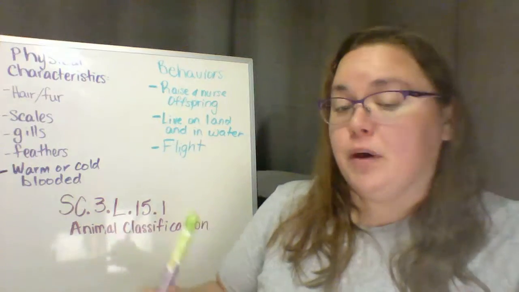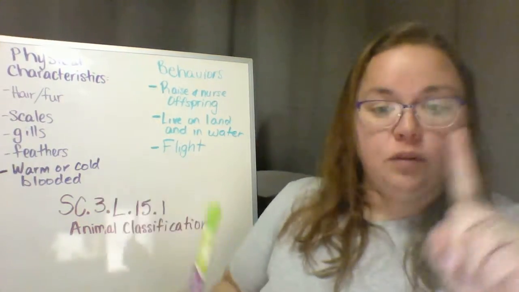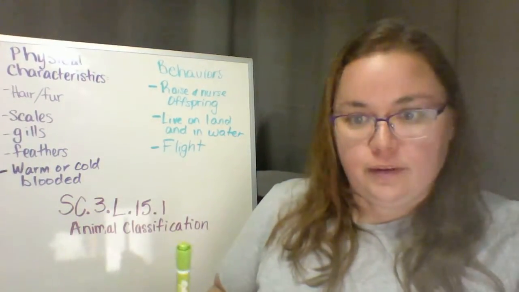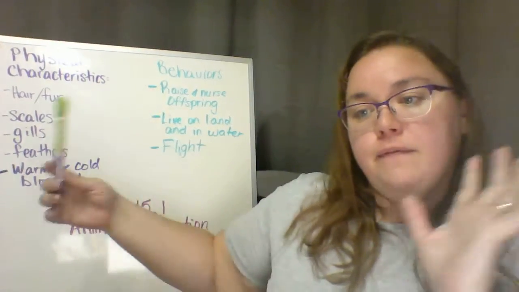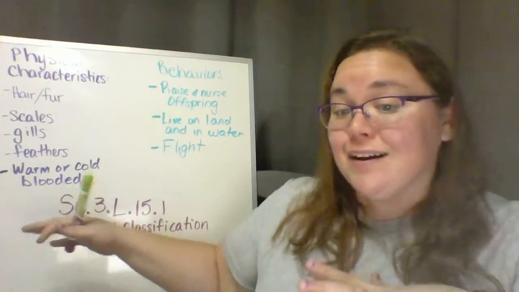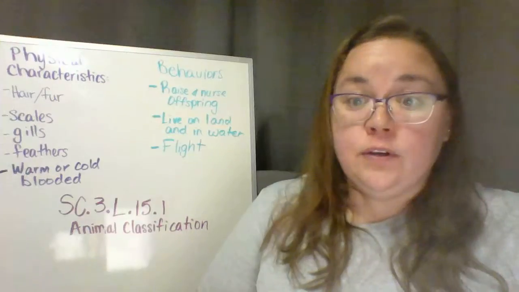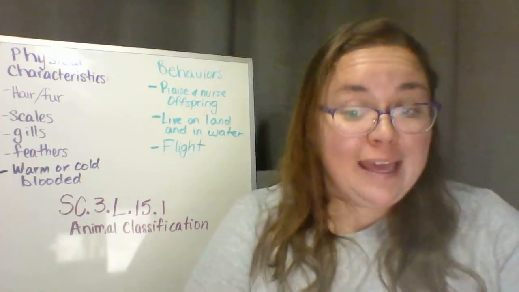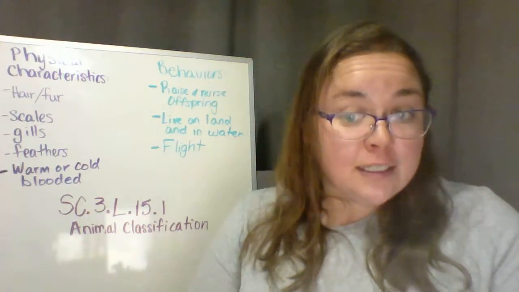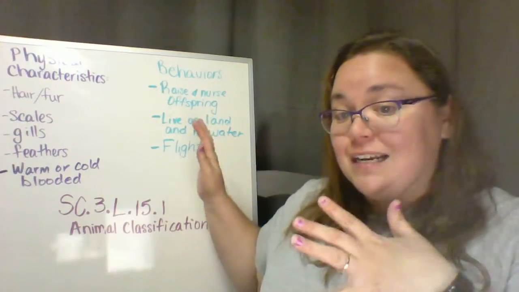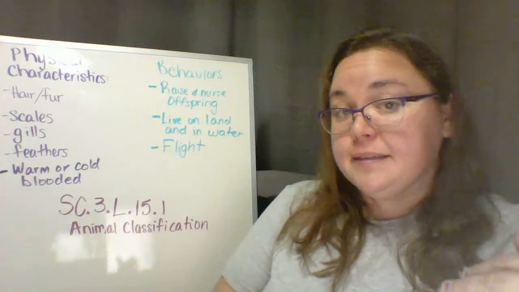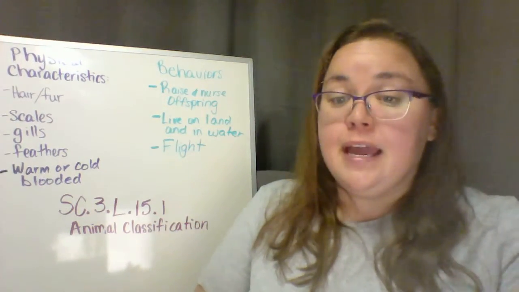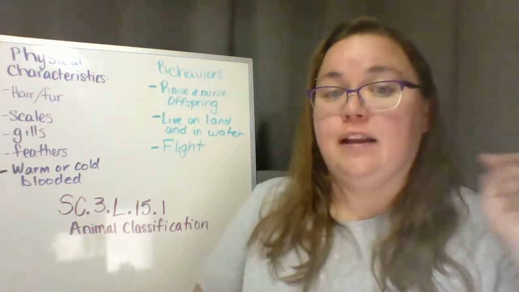I did not put them all. Like I said, wings. Wings aren't on this board. Don't put wings because I just said it earlier. But that's an example of a physical characteristic that's not on this board. So you're going to try and come up with one physical characteristic and one behavior, something an animal does, that's not on this board. And you're going to send that to me through Dojo, and that will be our check for understanding, and I'll be checking that.